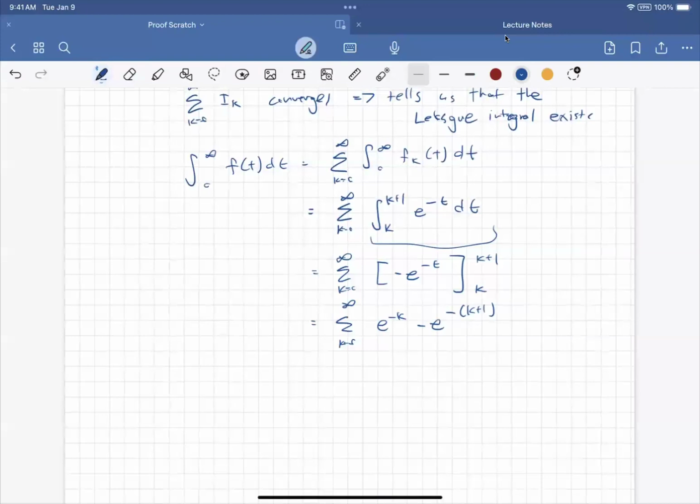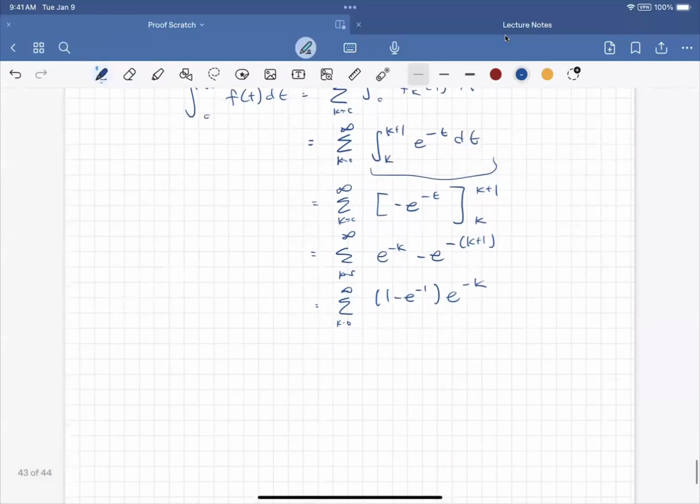And so what's that going to look like? We can have the sum from k equals 0 to infinity of 1 minus e to the negative 1, times e to the negative k. There's no k term in the first factor, so we can take it out.